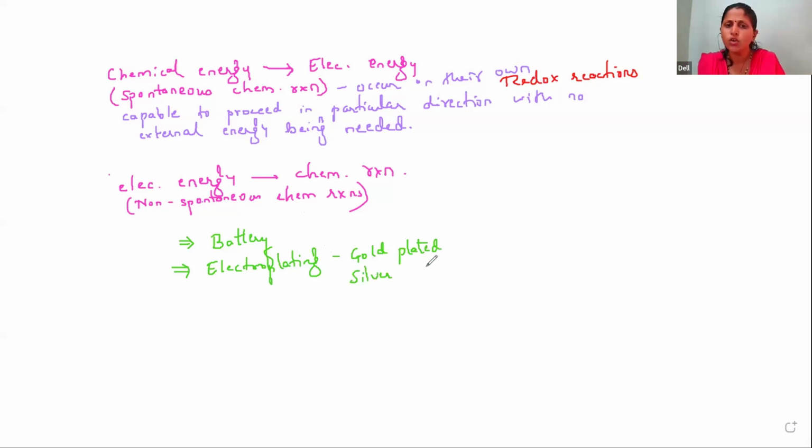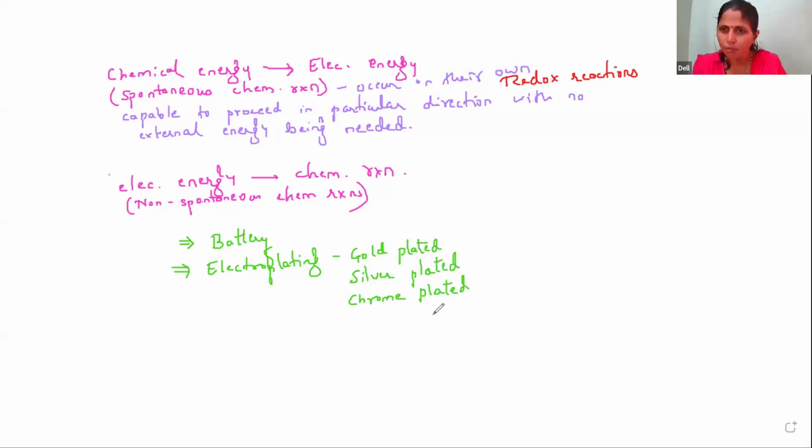They are not made up of silver, but the coating is just of silver. Then chrome plated handles, like door handles and bathroom handles. Are they made up of chromium? Actually, no. It is just a layer covering the particular metal. Iron may have been used. Yes, chrome plated.